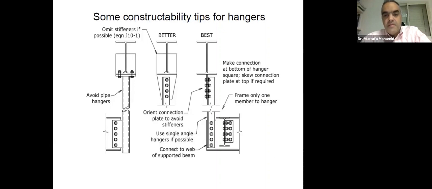If you can have just a plate connection, or a plate member or an angle member with a simple connection without stiffeners, like the ones on the right, that would be easier to build and with fewer pieces for the connection.